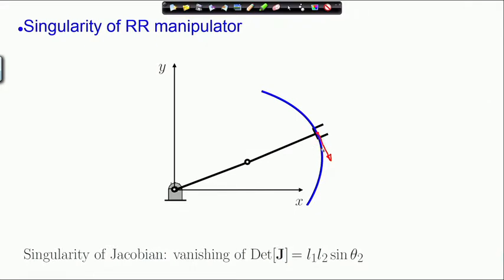Now, once you cross, then you can come again to a configuration like this. So, you can move from a configuration which I have shown in blue.